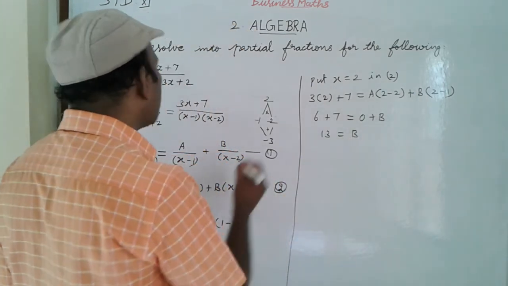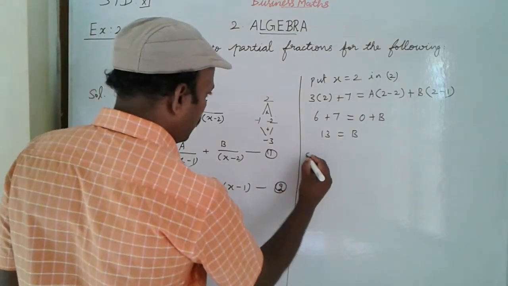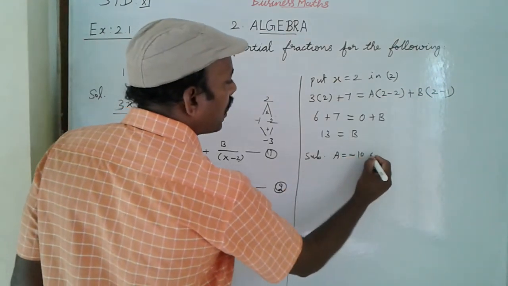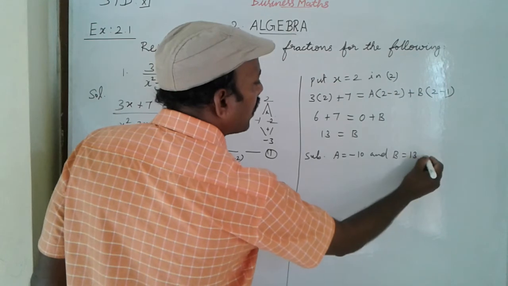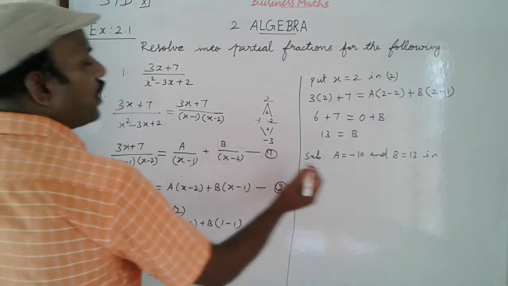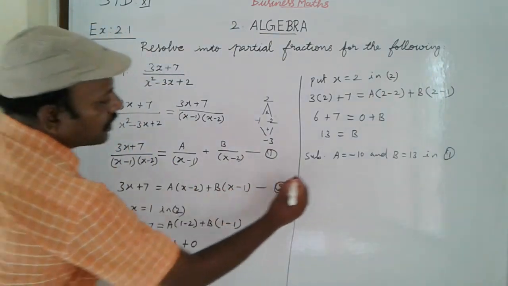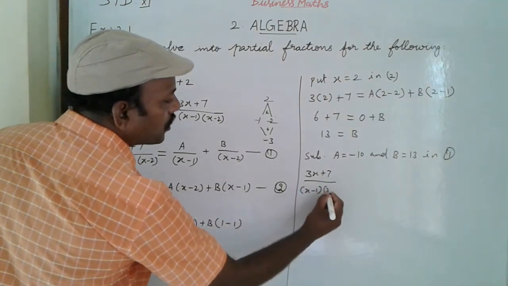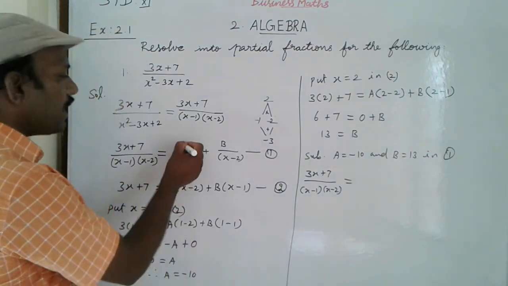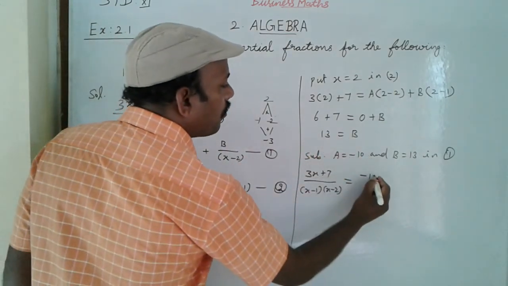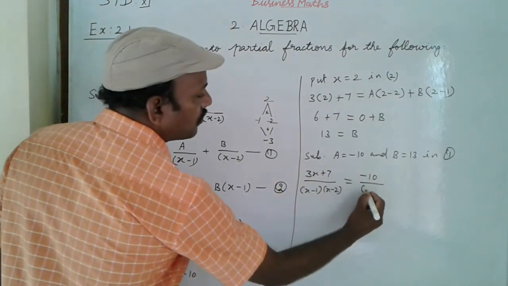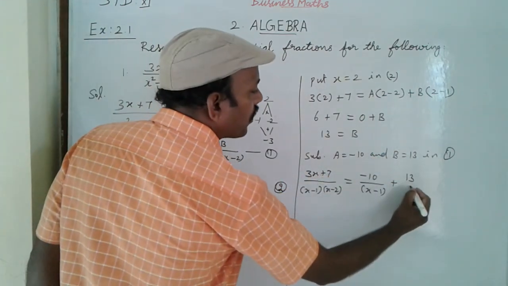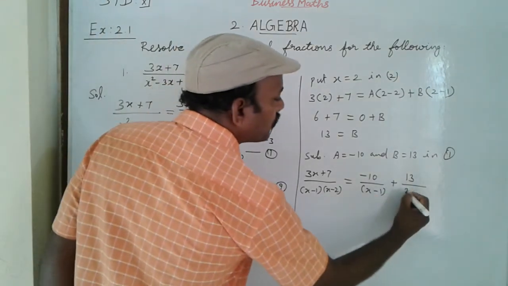Now substitute these values in equation number 1: A equals minus 10 and B equals 13. Then (3x + 7) divided by (x − 1)(x − 2) equals minus 10 divided by (x − 1) plus 13 divided by (x − 2).